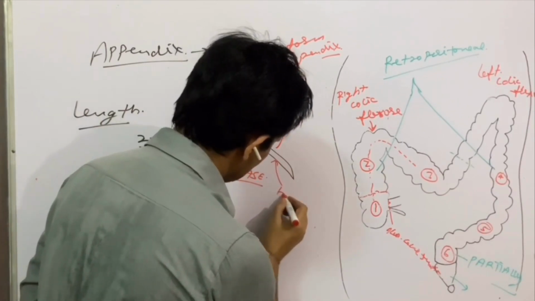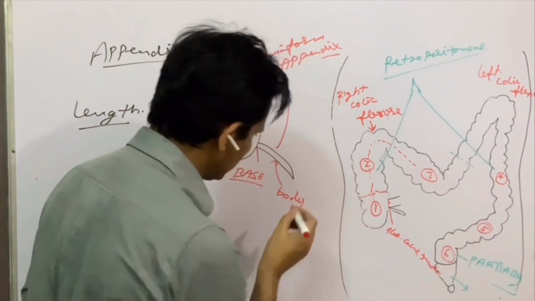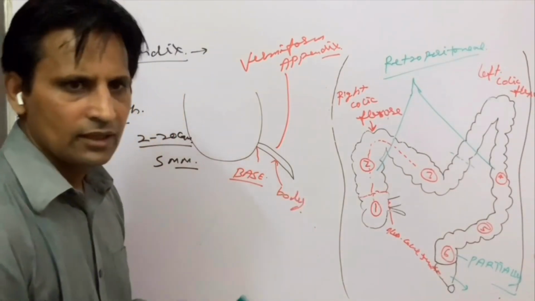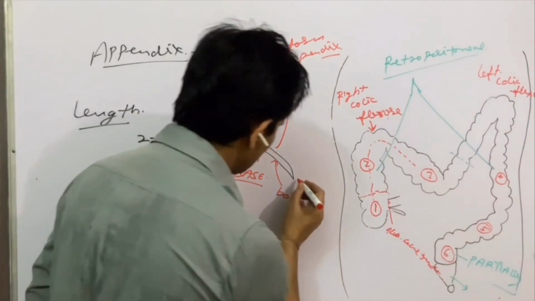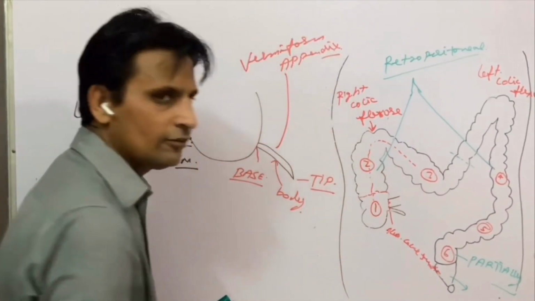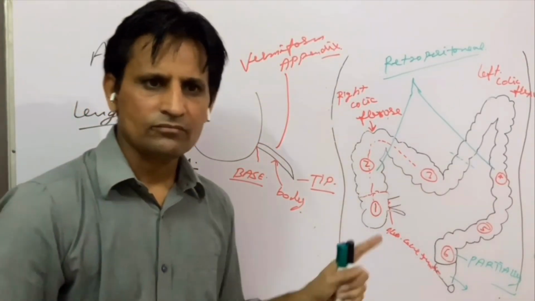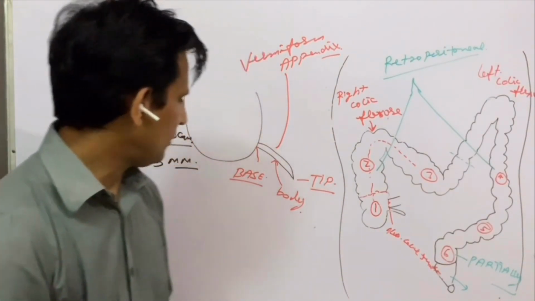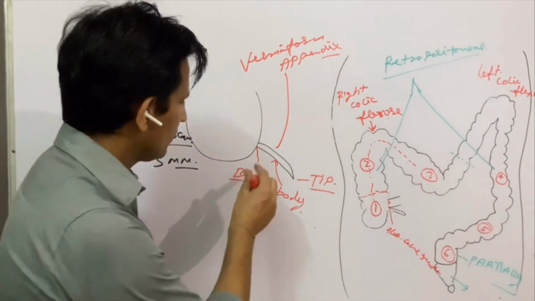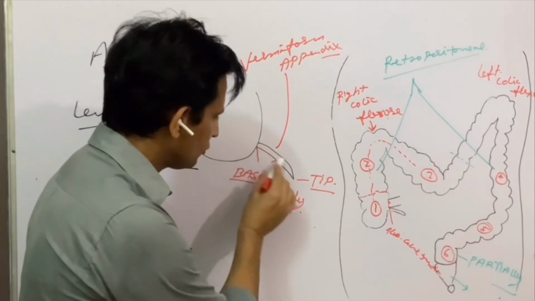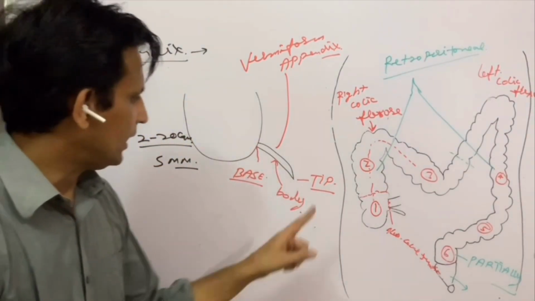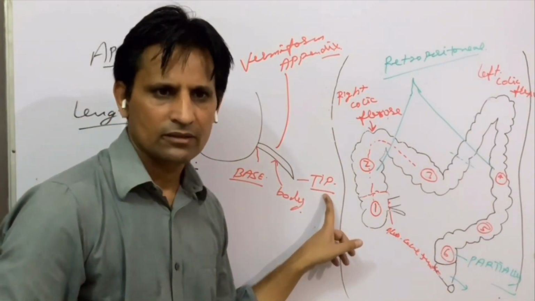And the last terminal part is the tip of the appendix. So the appendix mainly has three separate parts: the base, the tubular portion known as the body, and the final terminal part known as the tip of the appendix.